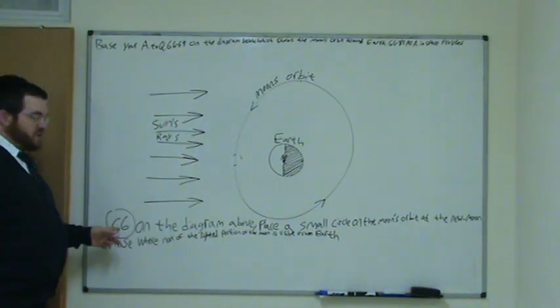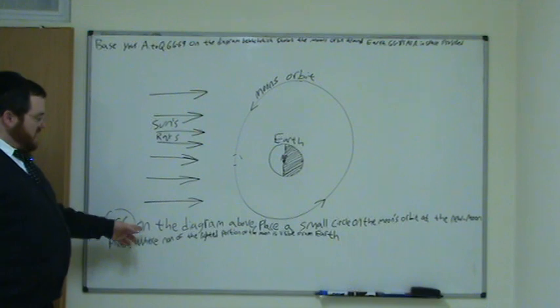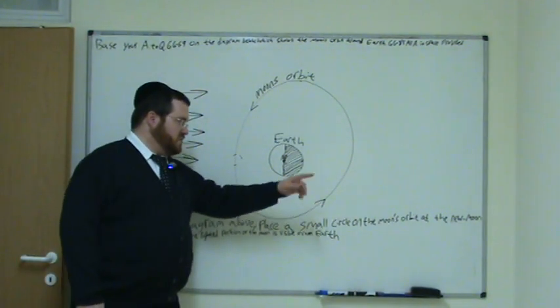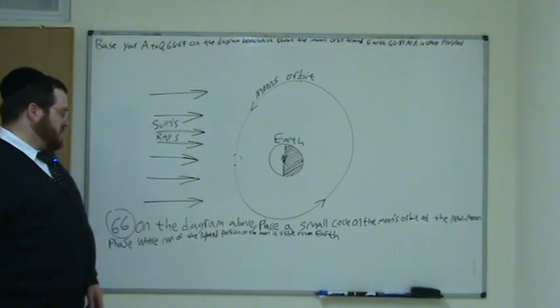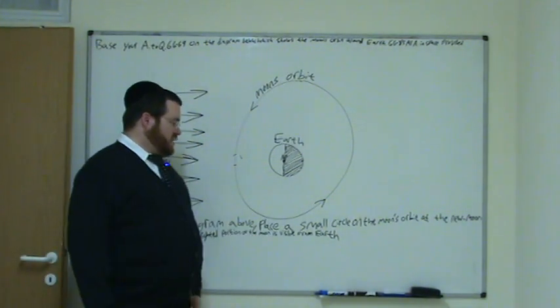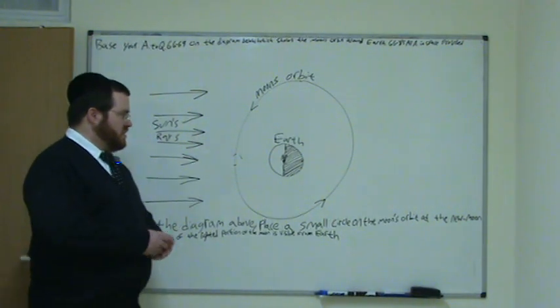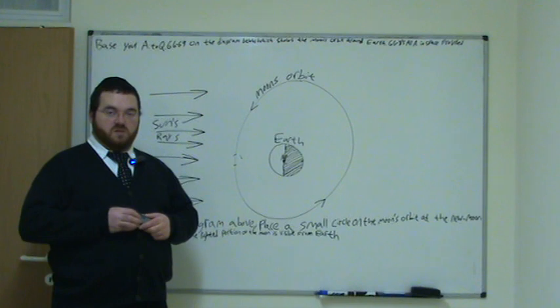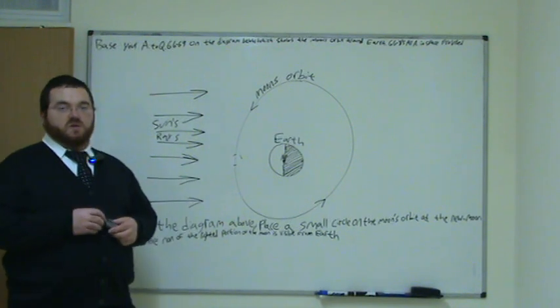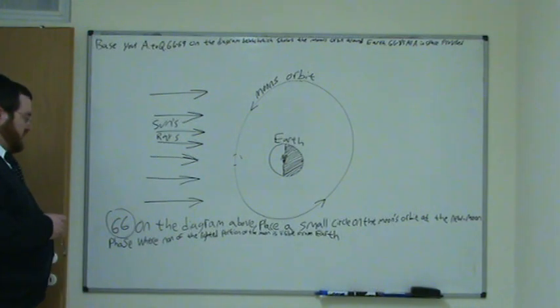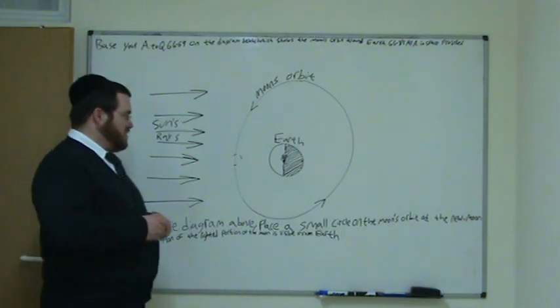Now, question 66. On the diagram above, place a small circle on the moon's orbit at the new moon phase where none of the lighted portion of the moon is visible from the Earth. So, where is it a new moon where none of the lighted portion of the moon is visible by the Earth?